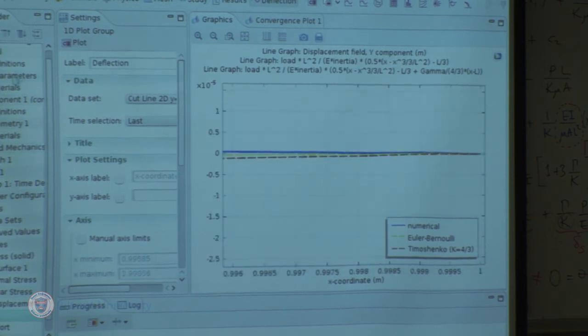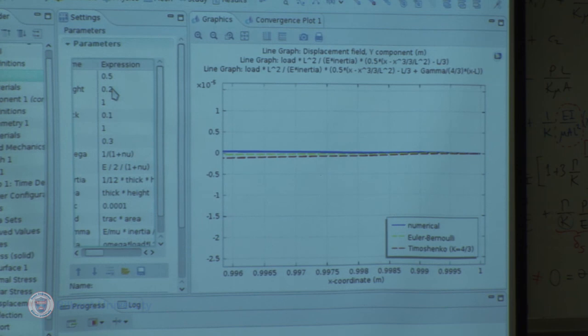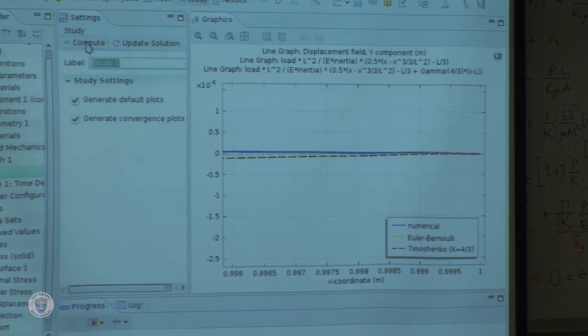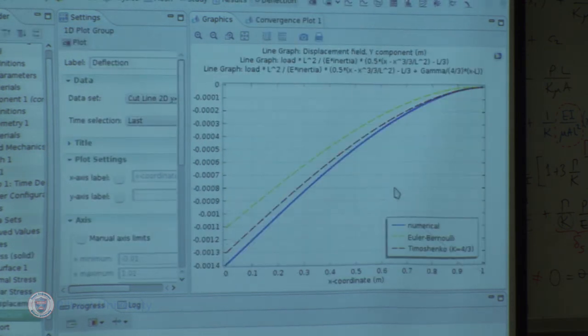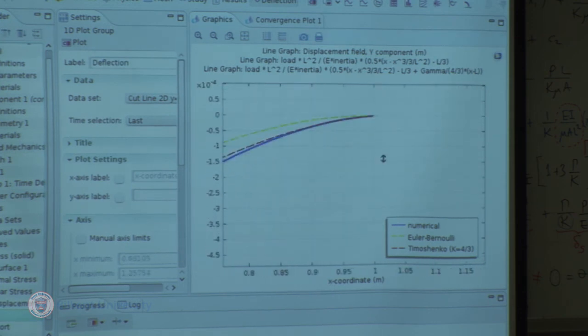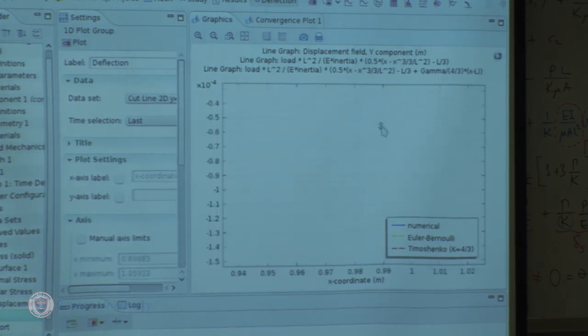Perhaps this is not the very good way to go. Let's choose the height to be 0.6. I'll compute once again, because it's not very clear. Okay, quick deflection view. Okay, so now I'm zooming into the end.